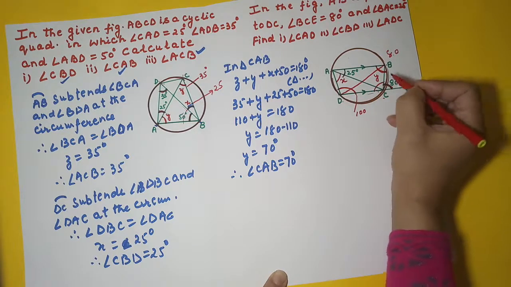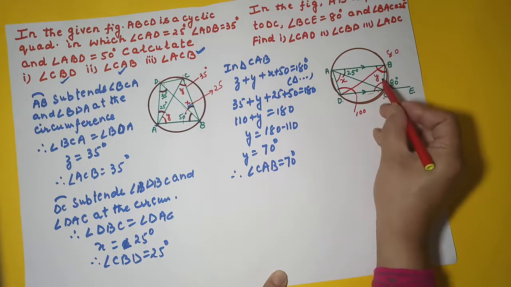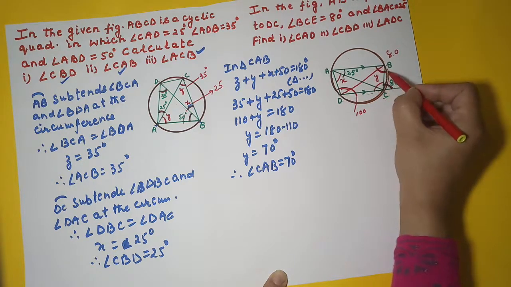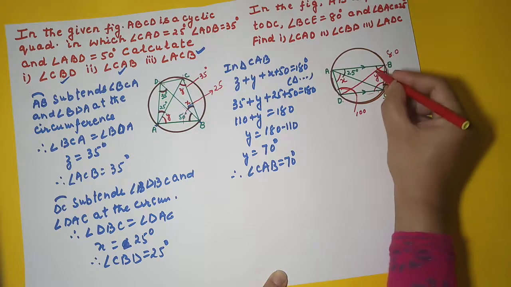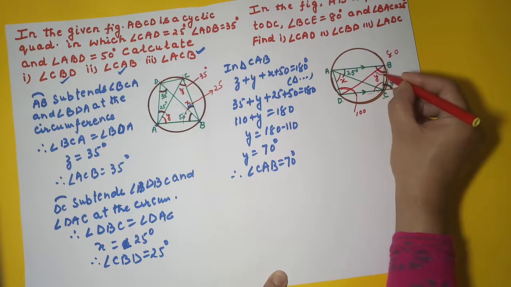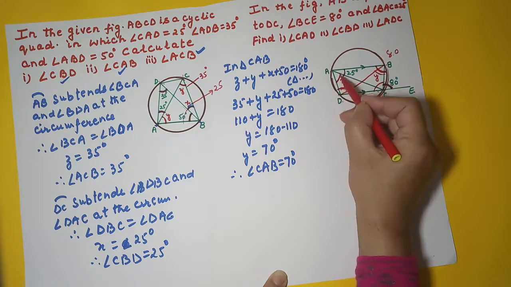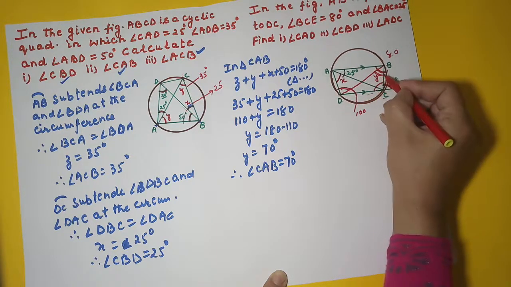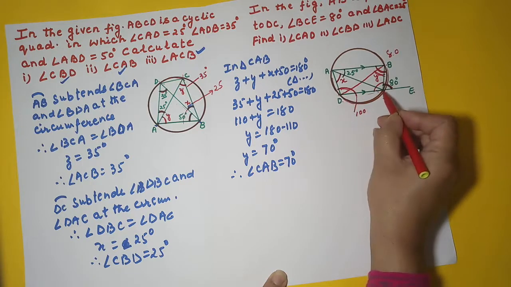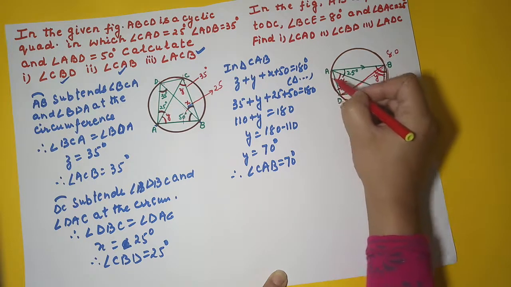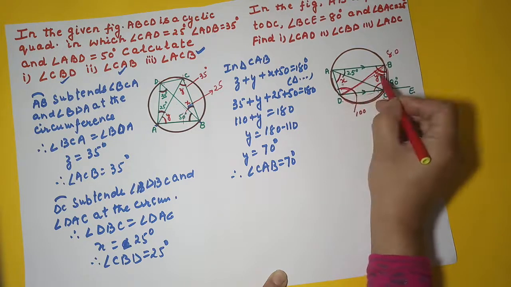Fine. Now, you have found this angle. You have found this angle. Now you want to calculate this. For that, you know that if you are able to calculate this part, X, this will be the same because DC subtends this angle as well as this angle. So X and Y are the same, right?